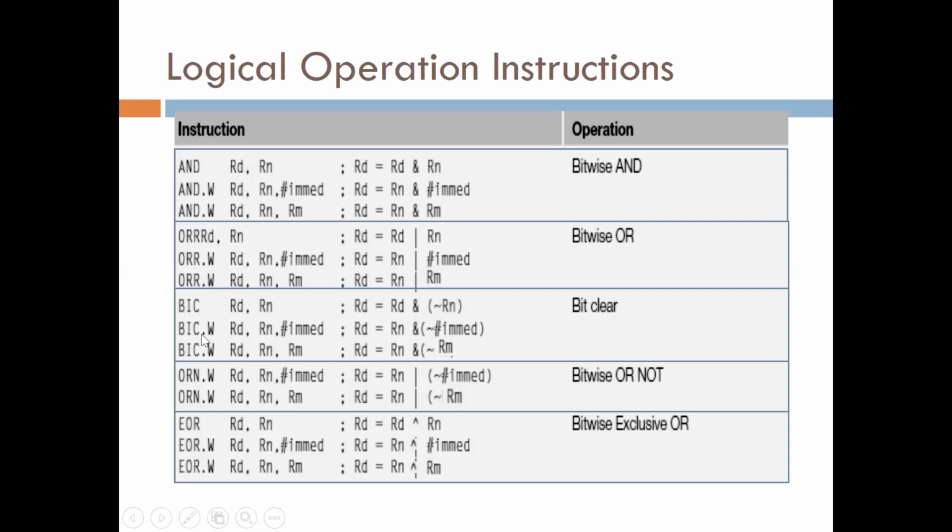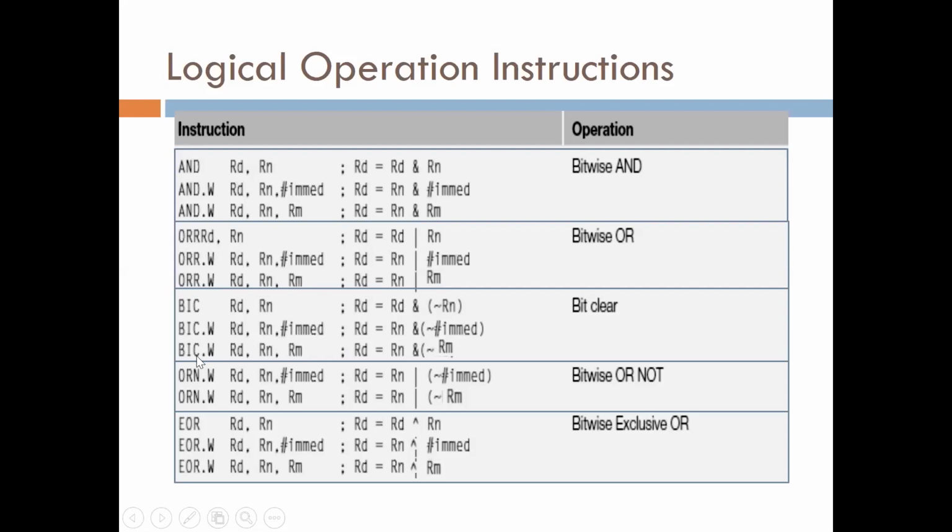Next instruction, BIC.W Rd comma Rn comma hash immediate. So in this instruction, immediate data will be complemented, and the result of that complement will be logically ANDed with the register Rn, and the result will be stored in destination register Rd.